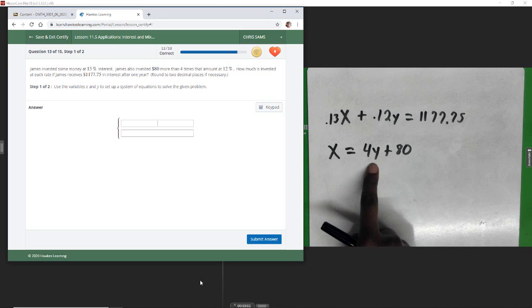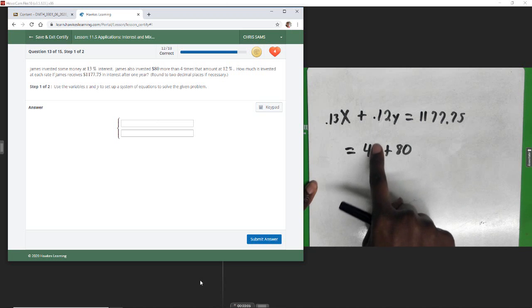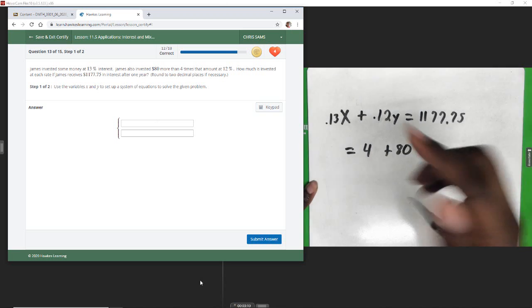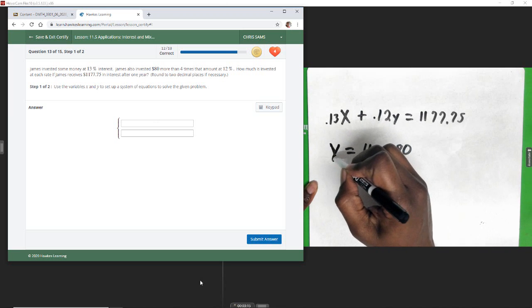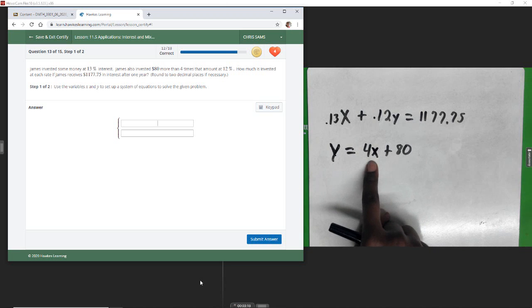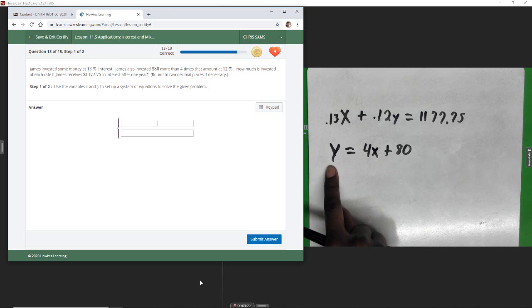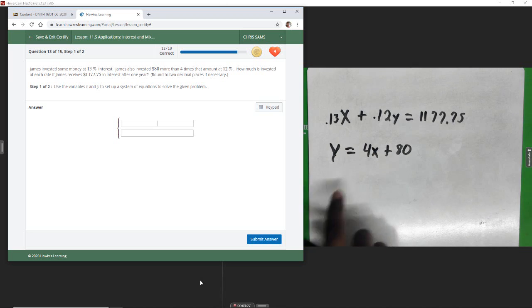So actually, I need to reverse this, because the amount that he invested here, so this is the bigger number. So y is equal to 4x plus 80, because he invested 80 more than 4 times that amount, which is the one he previously invested. So these are the 2 equations that we need.